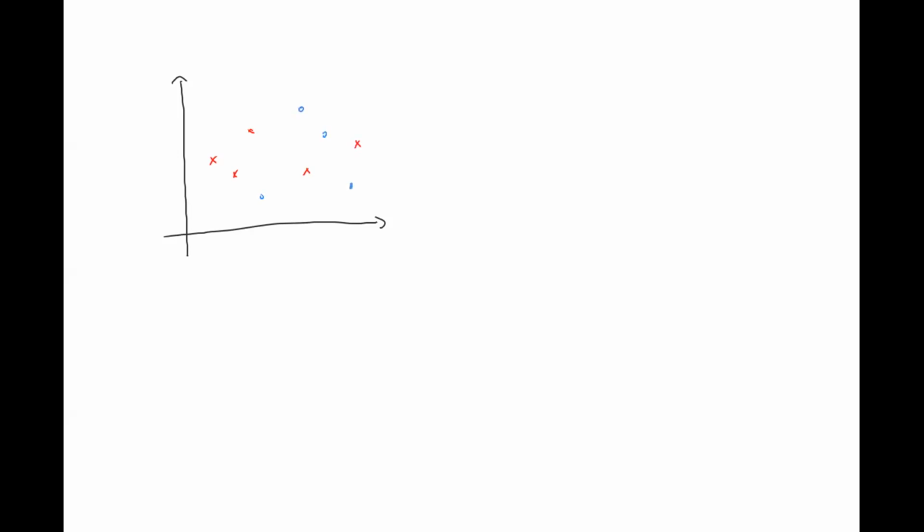Okay, so let's suppose that all I'm doing is measuring the centroid of my red points. So that might look something like this. Okay. And then I measure the centroid of my blue points, and maybe that looks something like this.